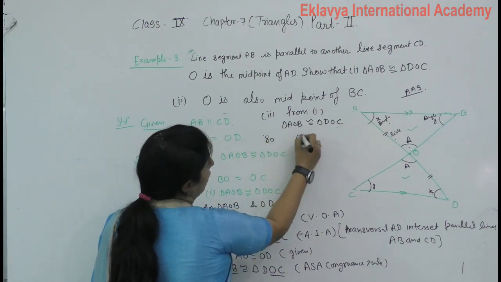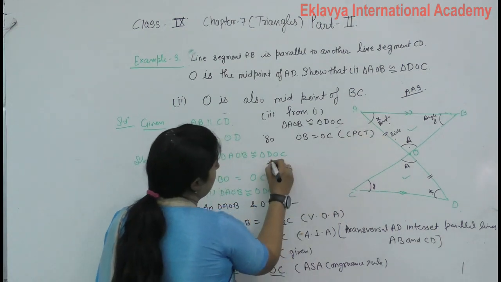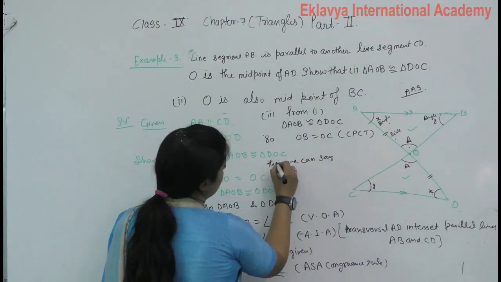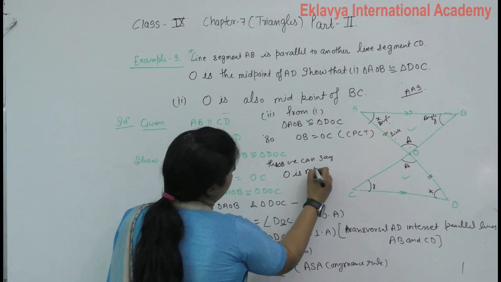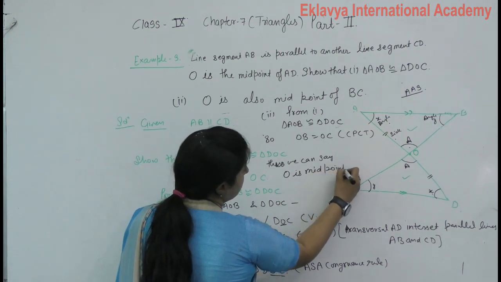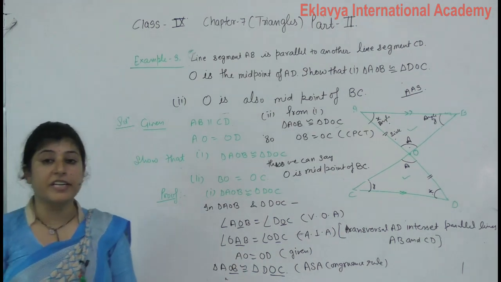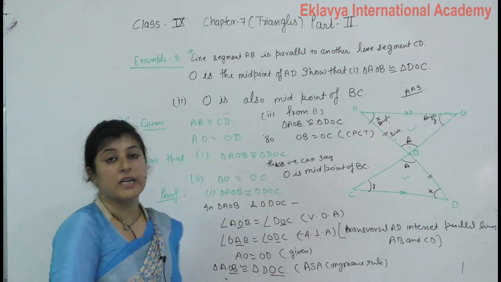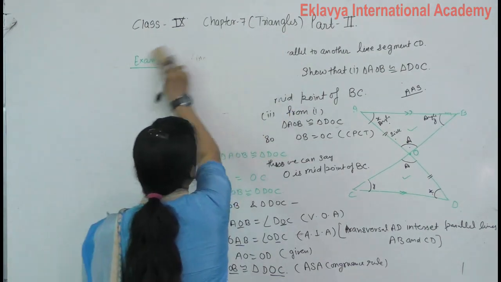So OB is equal to OC by CPCT. Thus we can say O is the midpoint of BC. This way we can prove these two parts of this question. Okay student, now see next.